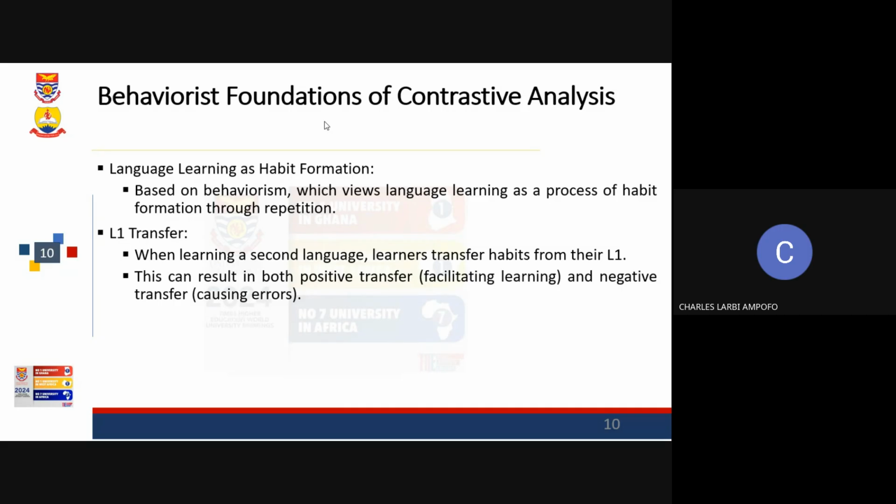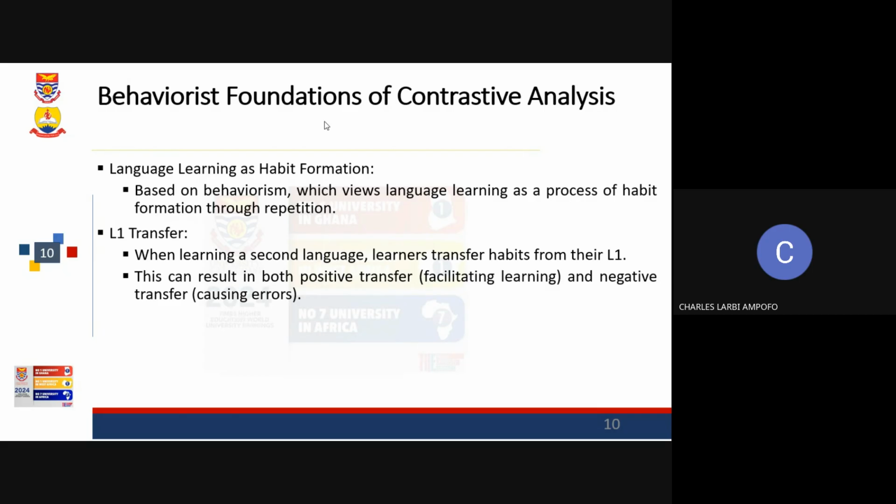That's why we also call them the environmentalists. So they view learning, not language learning per se, but learning in general, as a habit that somebody forms or that is formed in someone from time to time. Okay. So that is the idea.